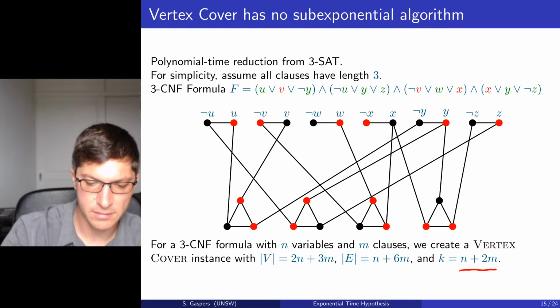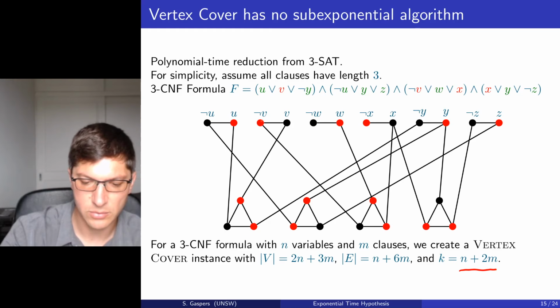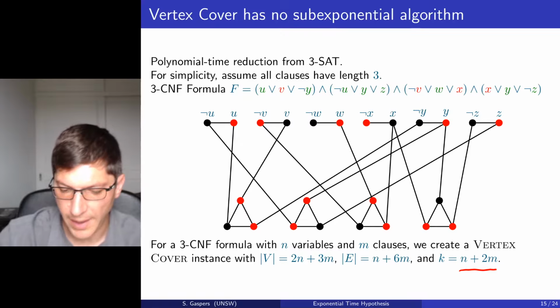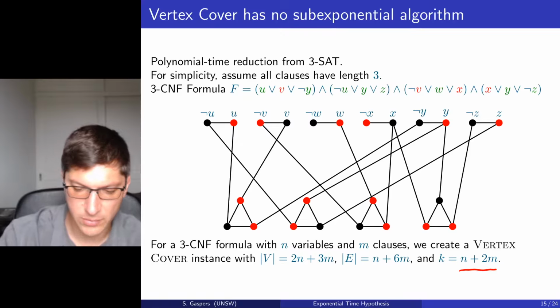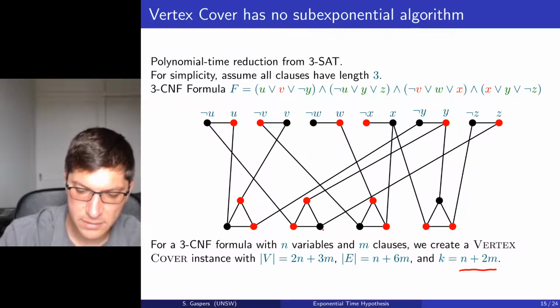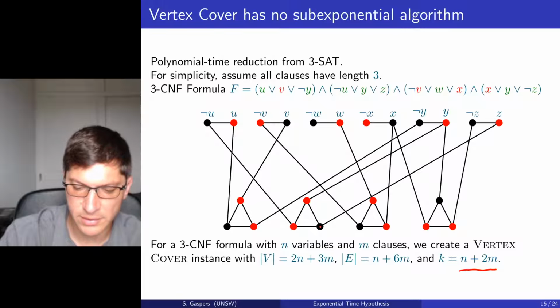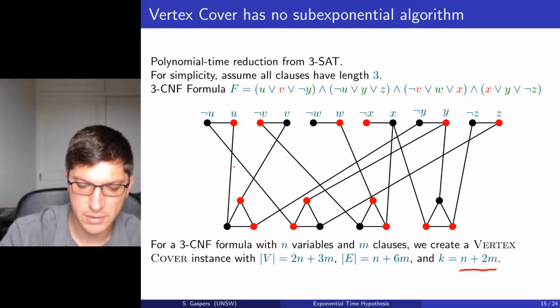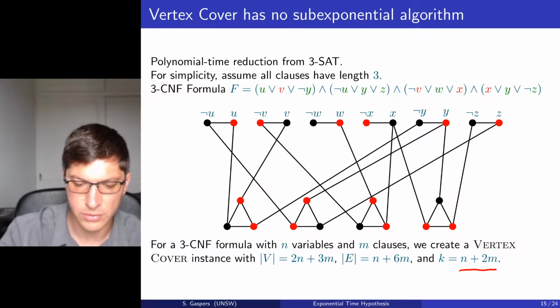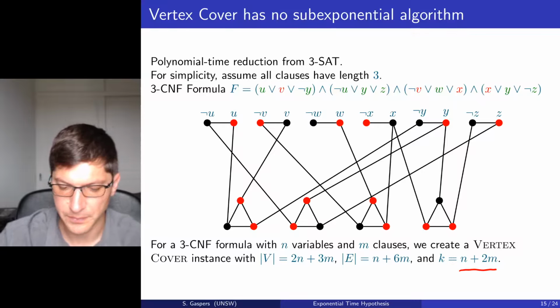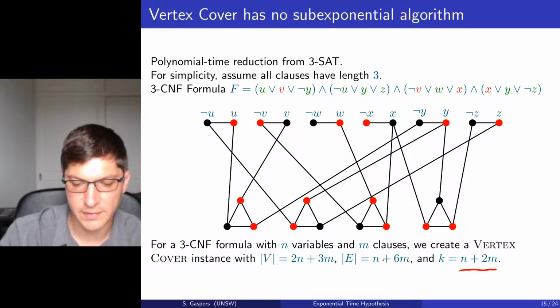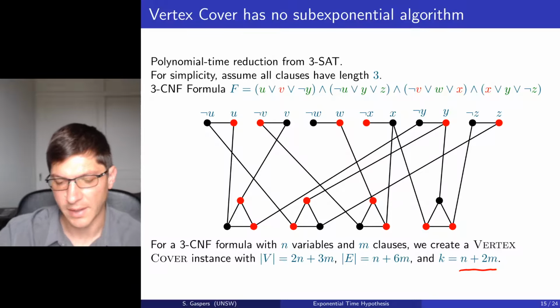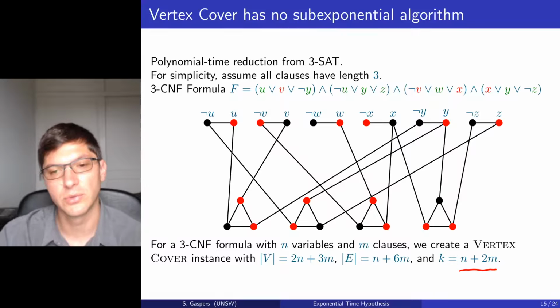Well, for every variable, we added 1 edge. And for every clause, we added the 3 edges inside the clause gadget. And for every literal in the clause, we had 1 outgoing edge into the variable gadgets. Okay, so the number of edges is n plus 6m. And we set k to be equal to n plus 2m.